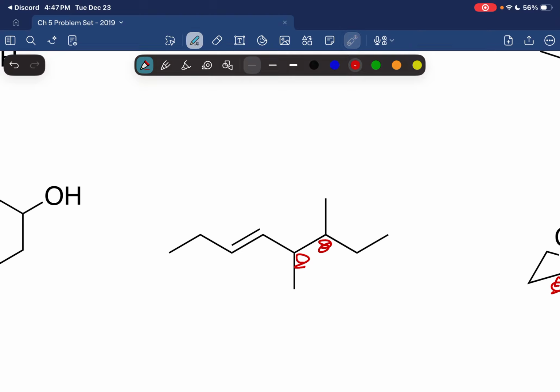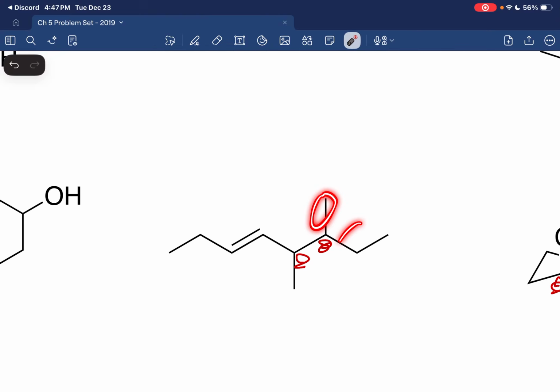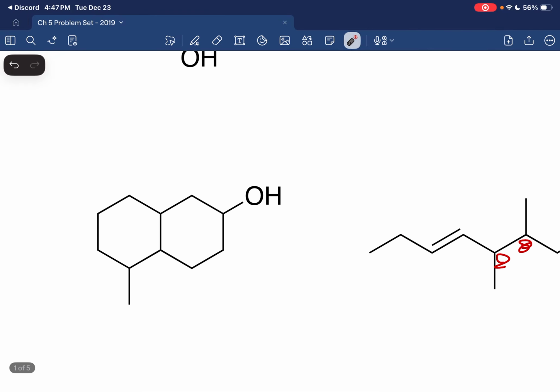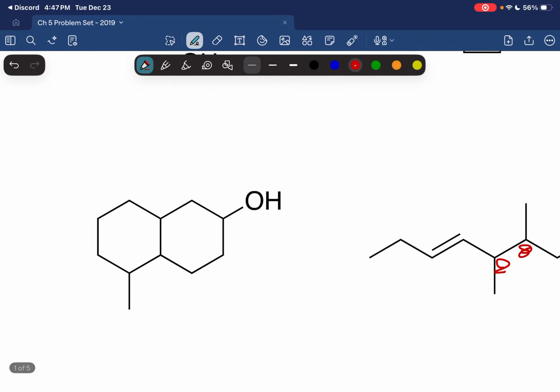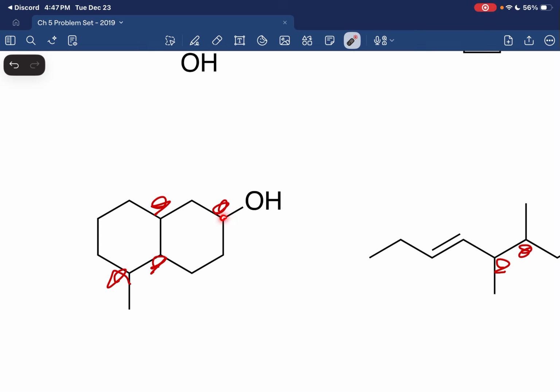And the reason is because one methyl group, ethyl, this is kind of like a methyl combined here, and over here. Gonna have one stereogenic center here. Gonna have one over here, and over here. And the reason is because first of all, we have the alcohol group, boom, boom, boom, different.